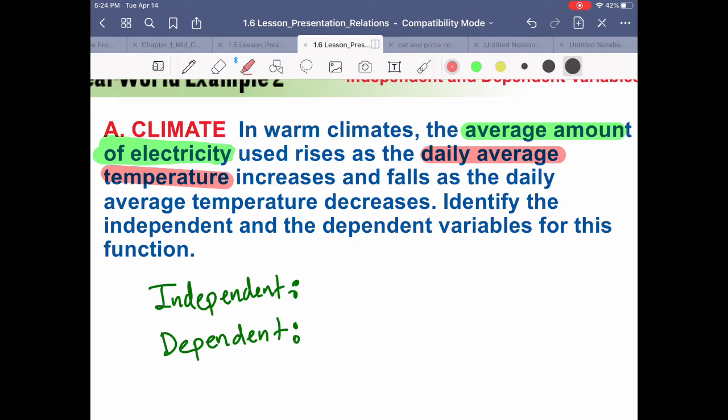But electricity does depend on temperature, because if the temperature is high, that means you're going to be using your AC more. But if the temperature goes down, your AC is not going to be used a lot. So the amount of electricity depends, which means that's the dependent variable. Let me write it down. Average amount of electricity.